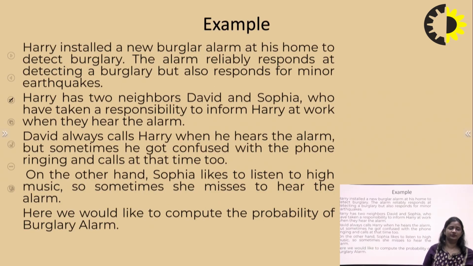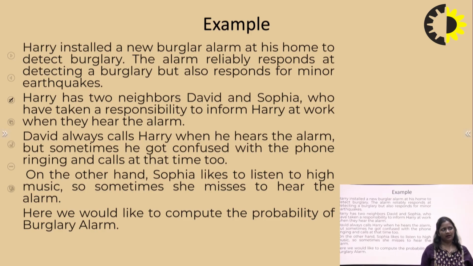Another example we would like to explain in this scenario. Harry installed a new burglar alarm at his home to detect a burglary. Burglary, we can say a theft. The alarm reliably responds to a burglary, but also responds to a minor earthquake.